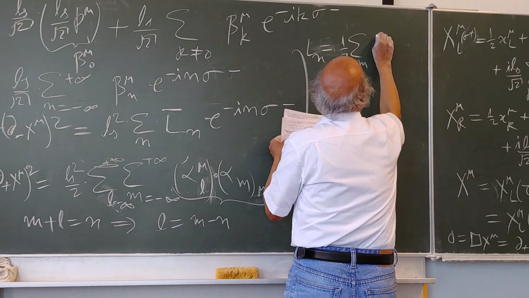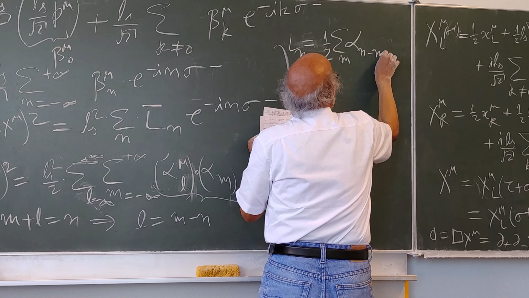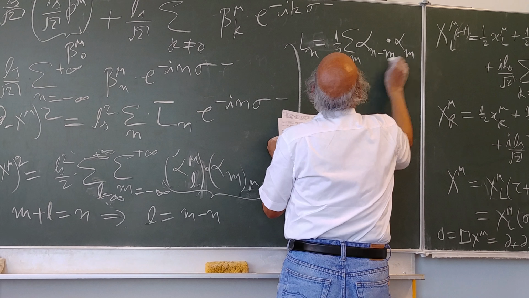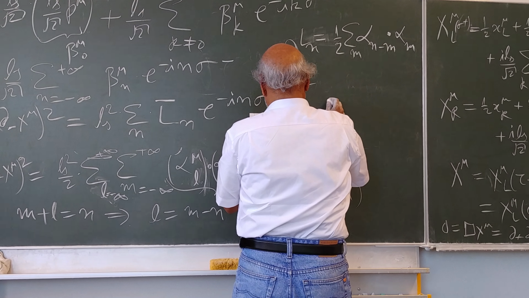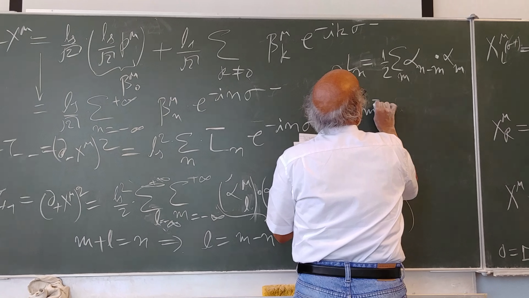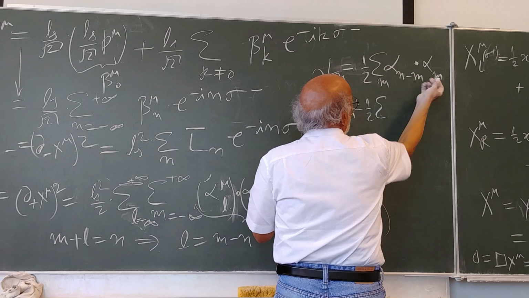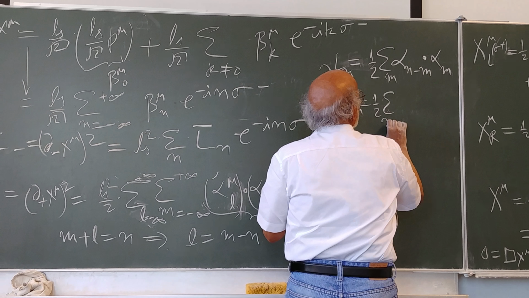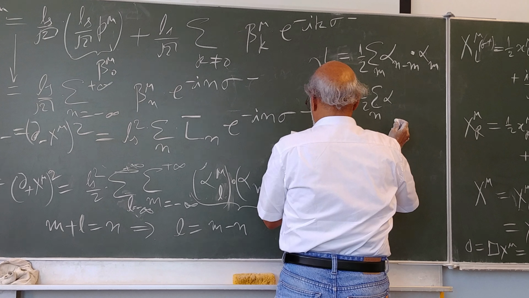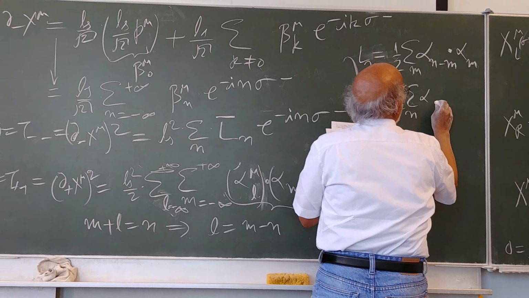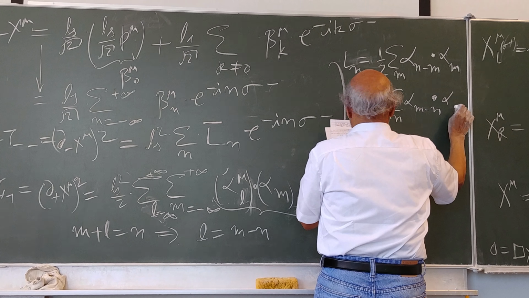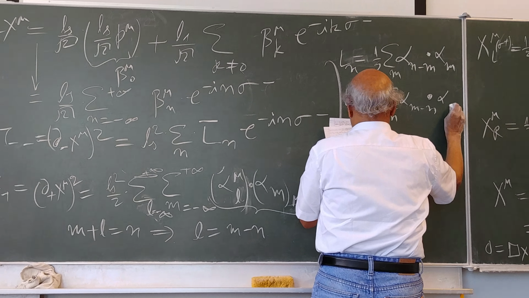Summation over m, alpha m minus m dot alpha m. So I would have L, and this I have eventually written as, because they are dummy indices, n alpha m minus n dot alpha of n.